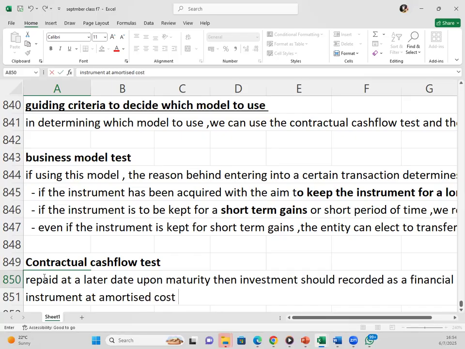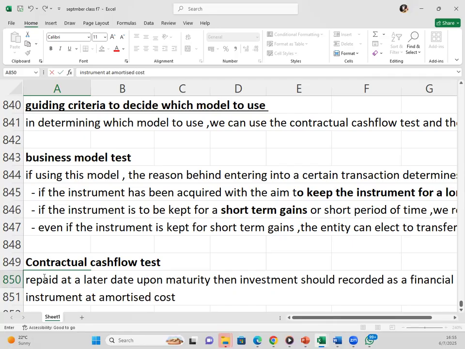So we can enter into an agreement like a loan agreement. In a loan agreement, you'll be receiving interest. These are the contractual cash flows. You'll be receiving interest that we agreed, and at the end of the period, you're supposed to repay the principal amount.